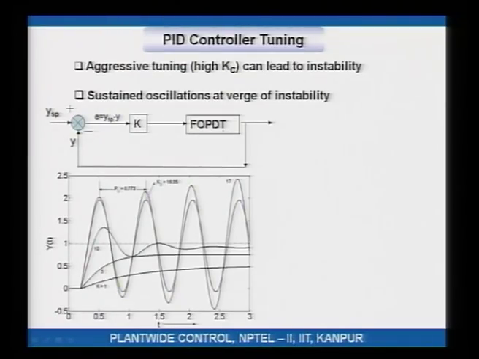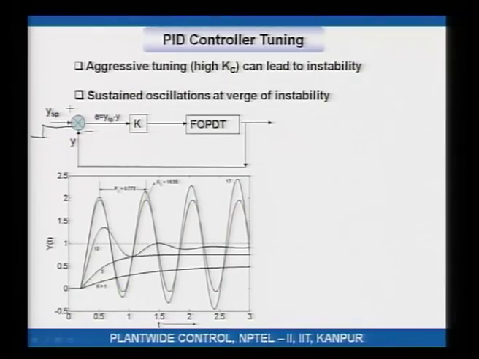Now, let us say I give a step change to Y set point. What I am saying is, at time t equal to 0, Y set point goes up as a step.